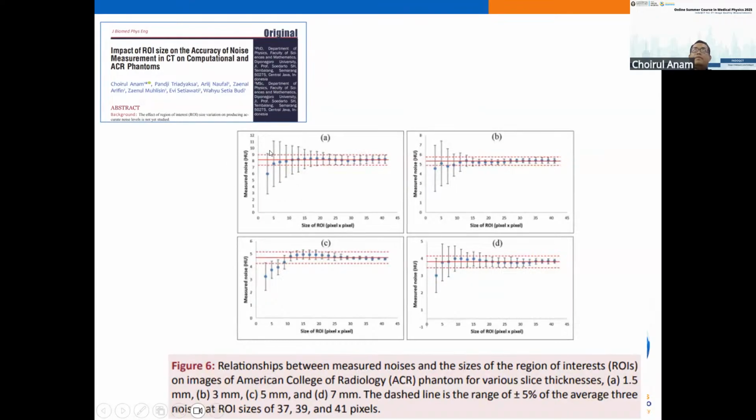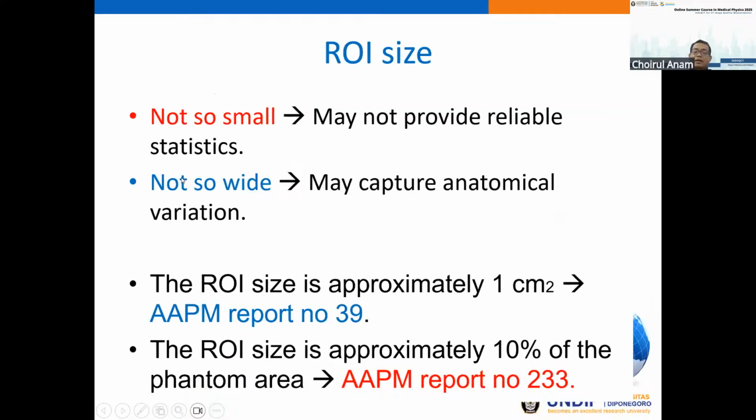But if the ROI becomes wider, a more stable result is achieved like this. At least around 25 pixels is enough for measuring the noise. But I suggest, as the AAPM suggests, using an ROI whose diameter is around 10% of the diameter of the image.